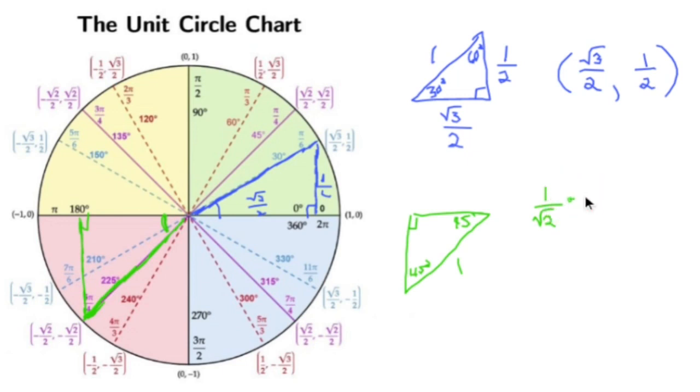So we rationalize it by multiplying the top and the bottom by root 2. This gives us root 2 in the numerator. Root 2 times root 2 is root 2 squared, which is regular 2. So 1 divided by root 2 gives me root 2 over 2. And since these are exactly the same, root 2 over 2.